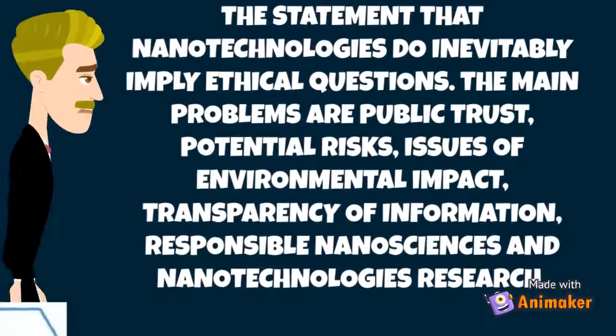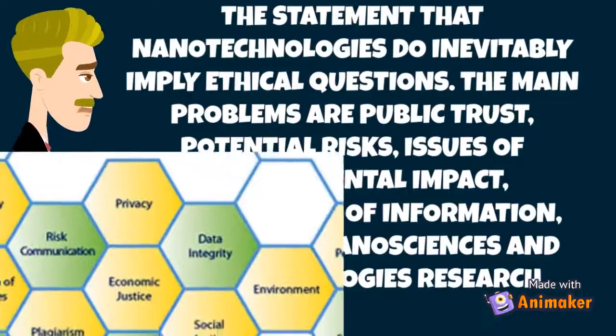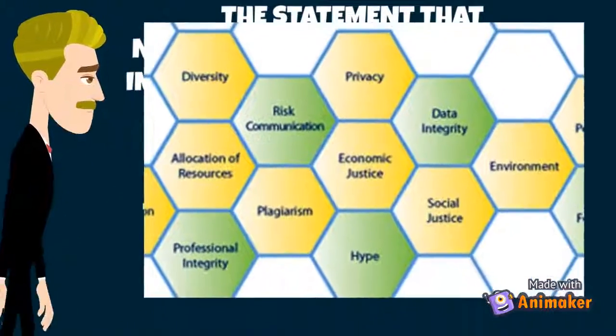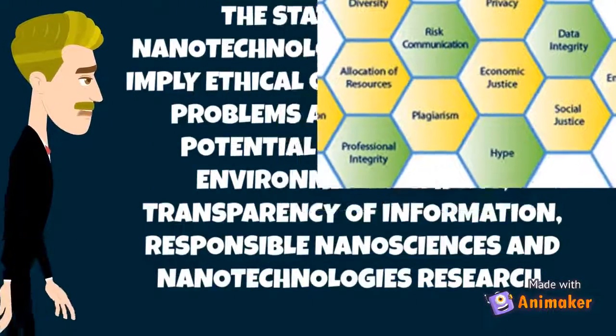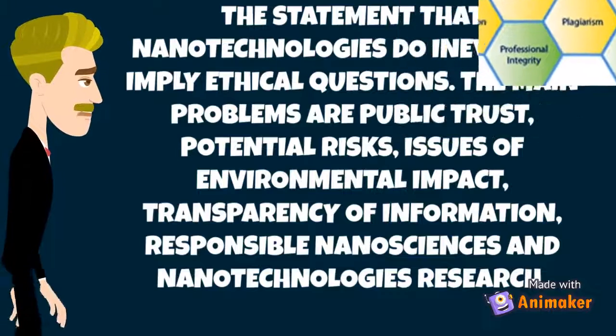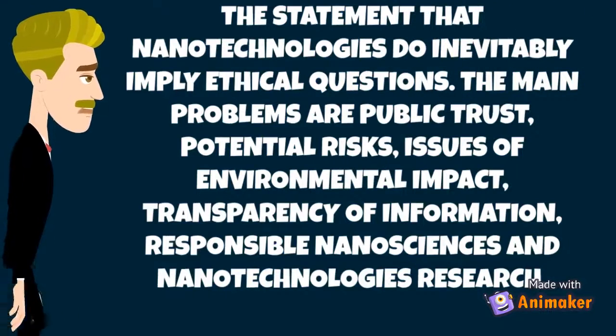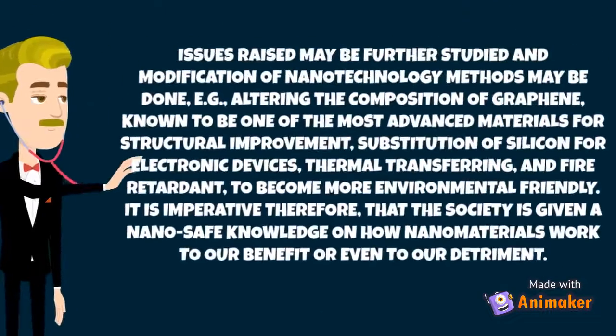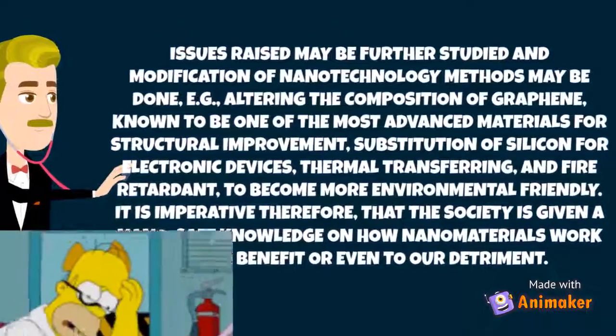The statement is that nanotechnologies do inevitably imply ethical questions. The main problems are public trust, potential risks, issues of environmental impact, transparency of information, and responsible nanosciences and nanotechnologies research.